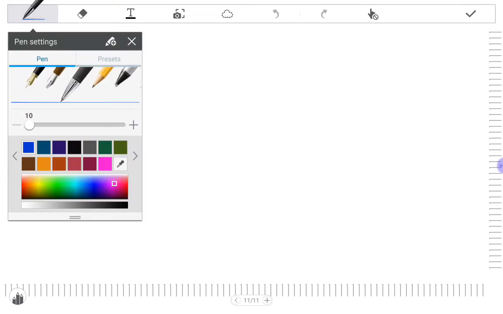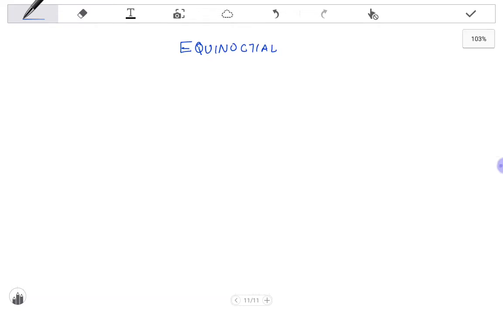the equinoctial. So this is our Earth, north pole, south pole, and this is our equator.